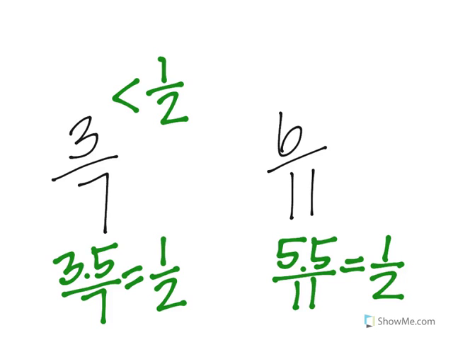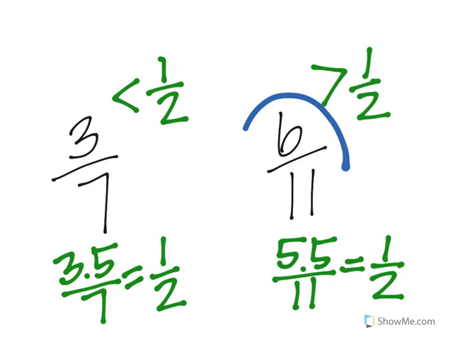So I notice that 6/11 is larger than a half. So I have one fraction, 3/7, which is smaller than a half, and one fraction, 6/11, that is larger than a half. And so I can conclude that 6/11 is the larger fraction.